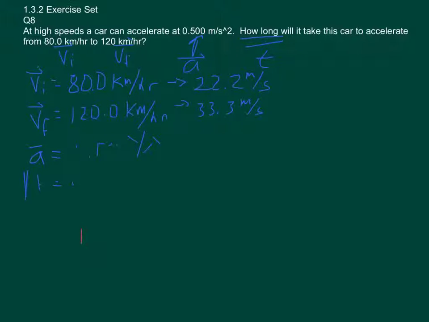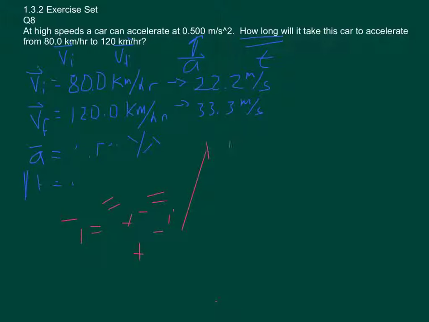It's acceleration. That's our VF minus VI over T. Are these squared? No, they're not. So it's change of velocity over time is acceleration.